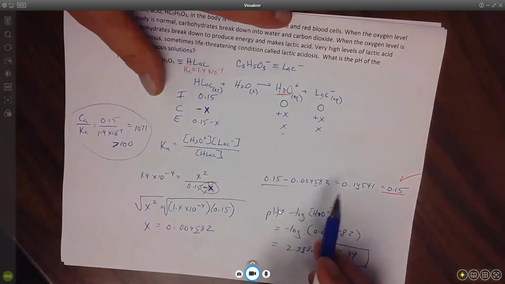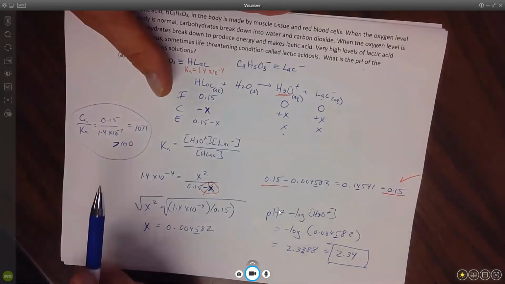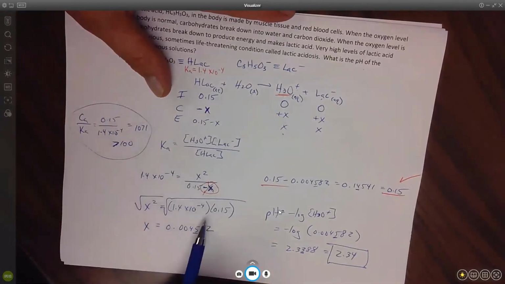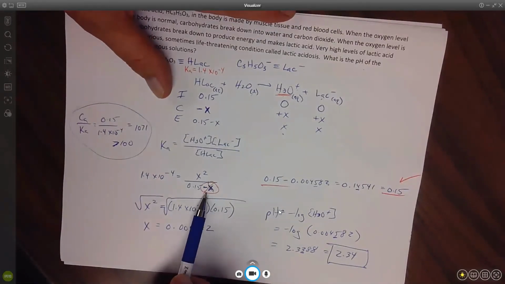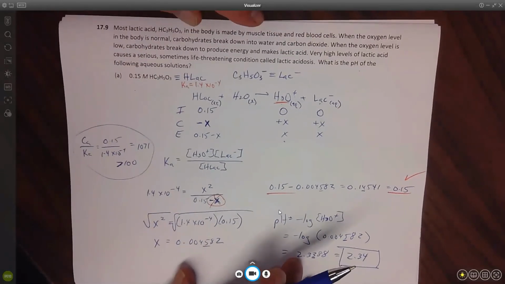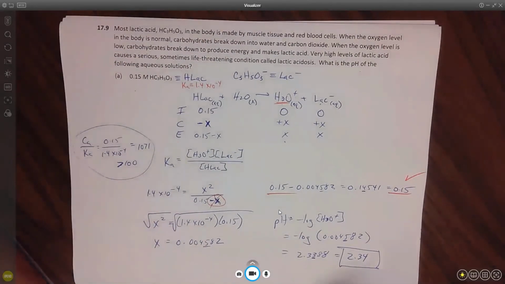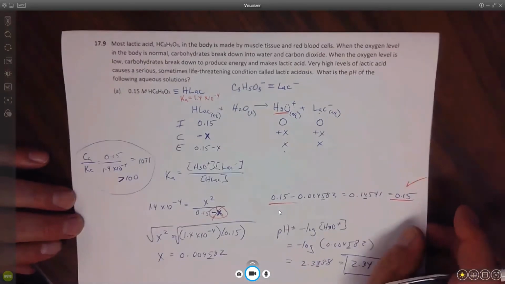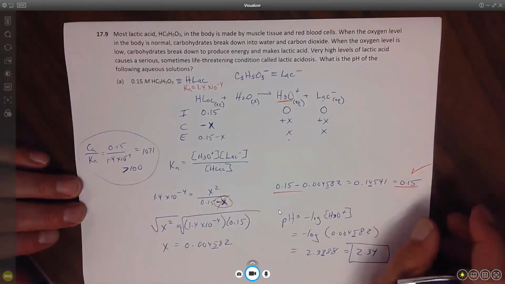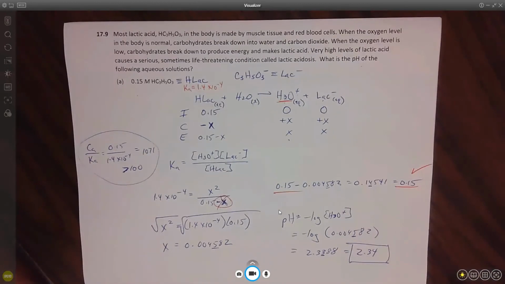So I either want to see this or I want to see this. I want to know that you are allowed to ignore X for sure. Okay? Again, I grade on partial credit, so if I gave you a problem in which you weren't allowed to ignore X, but you ignored X anyway, I wouldn't know if you checked. So you have to show me that they were the same and that you checked.